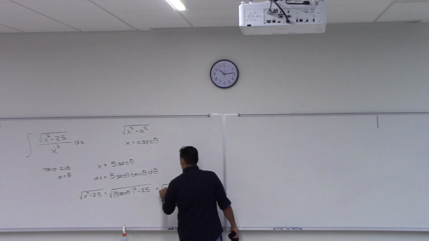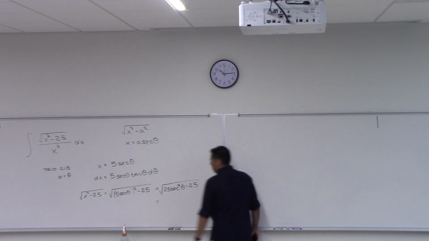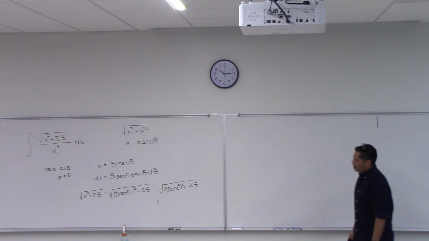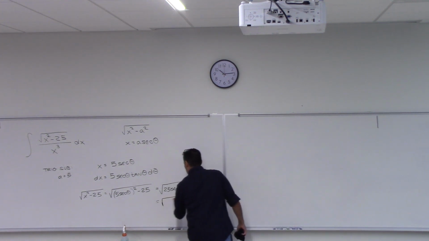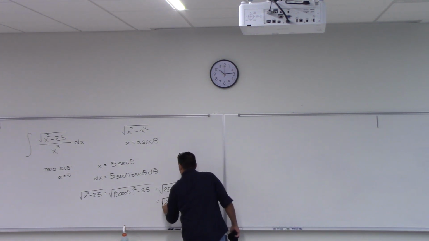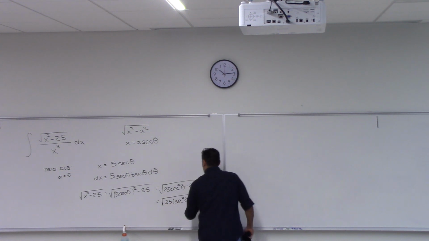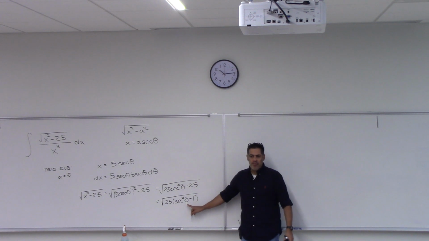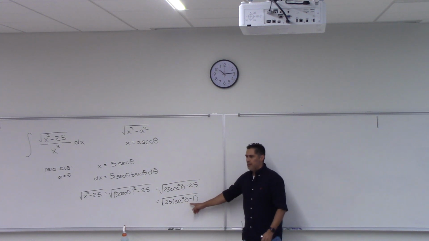So this becomes 25 secant squared theta minus 25. What now? Factor out the 25. You're left with secant squared theta minus 1. And that's the real key right here, that you get the secant squared theta minus 1, because what's that? Tangent squared theta, right?